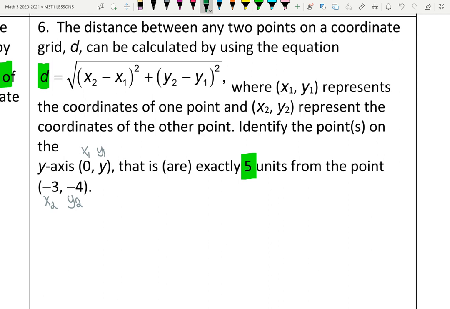Let's go ahead and figure this out. 5 is going to be equal to the square root of x2, which is -3, minus x1, 0, squared plus y2, which is -4, minus y1, which is just y, squared.